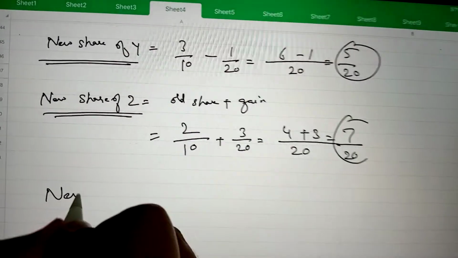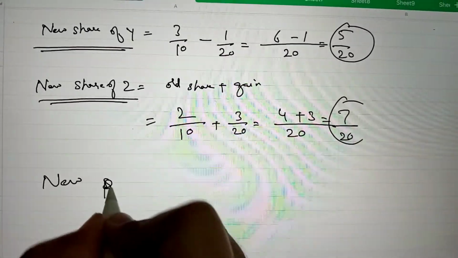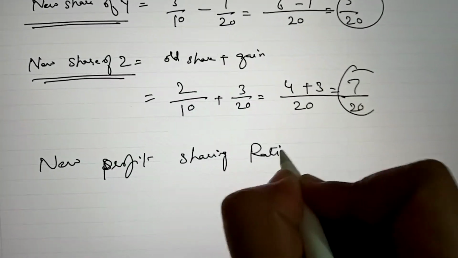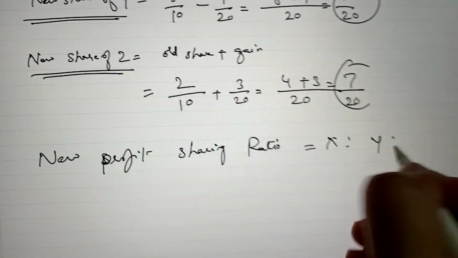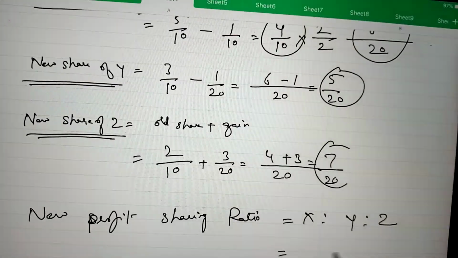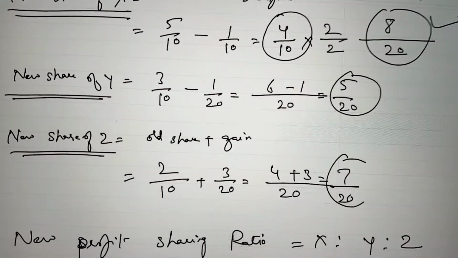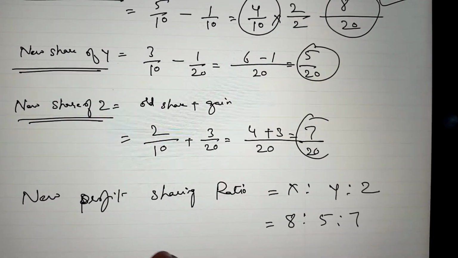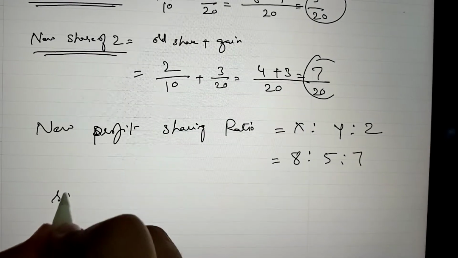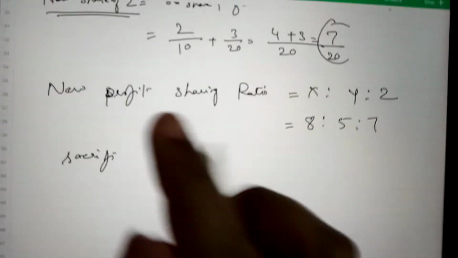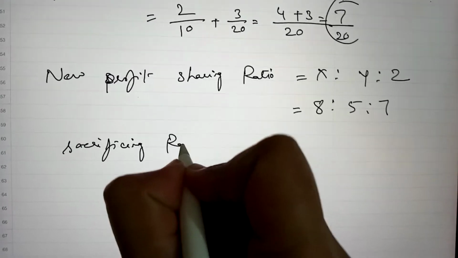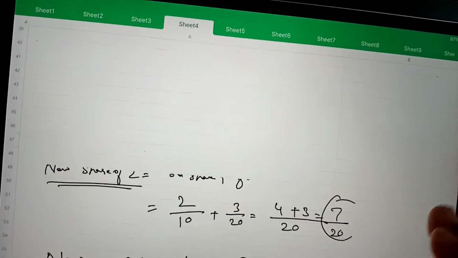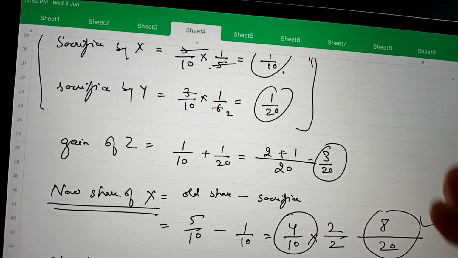New profit sharing ratio of X, Y and Z is equal to 8:5:7, and the sacrificing ratio of X and Y is the sacrifice made by them.